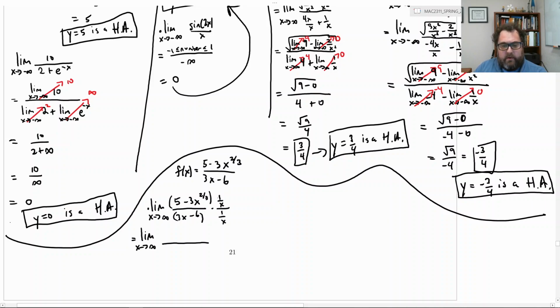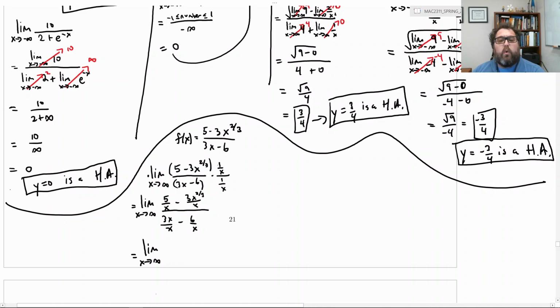If we distribute here, what do we get? 5 over x minus 3x to the 2/3 over x. On the bottom, we get 3x over x minus 6 over x.